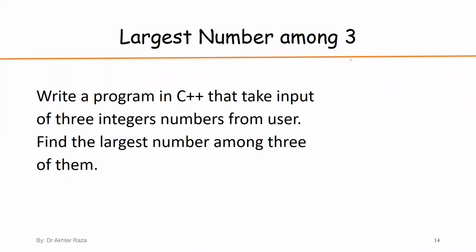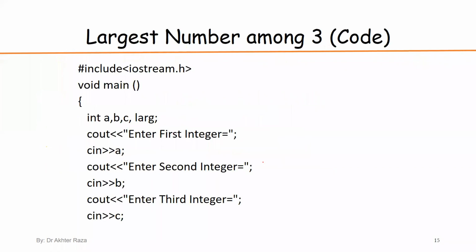There is a program which checks the largest of 3 numbers. You have to write a program in C++ that takes inputs of 3 integers and finds the largest number among these 3. So I have a program here. You can see 3 numbers A, B, C, and a variable large is declared.